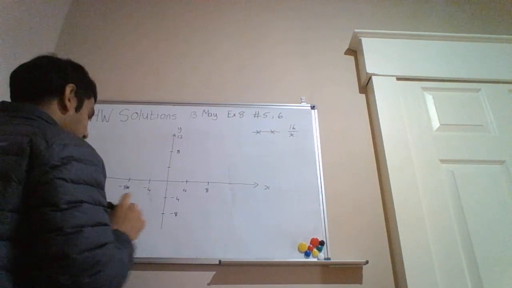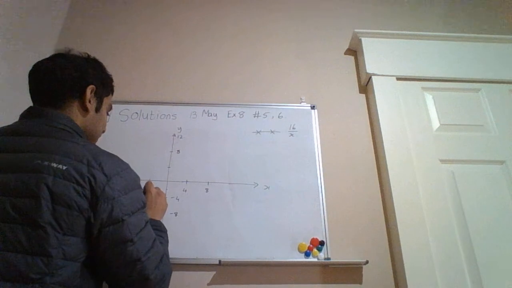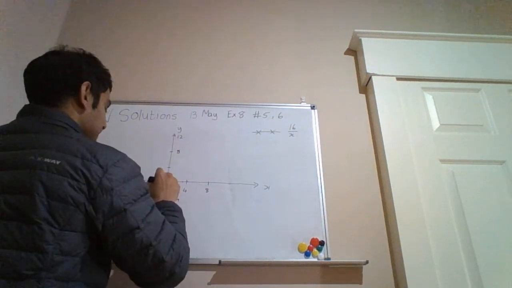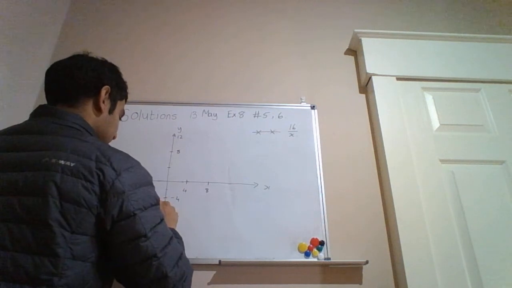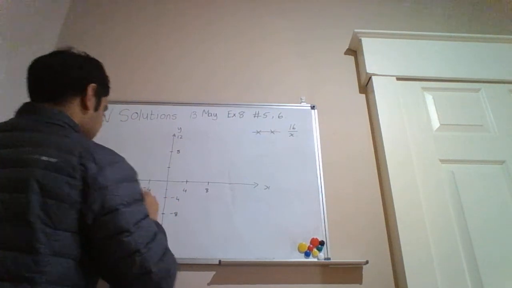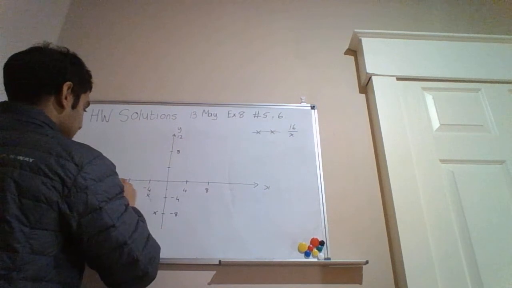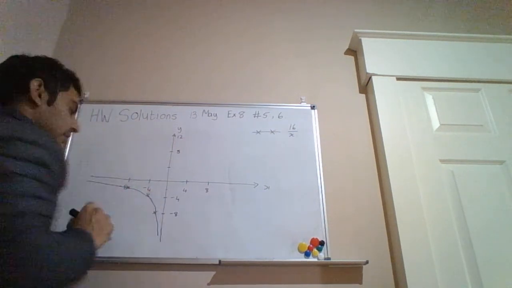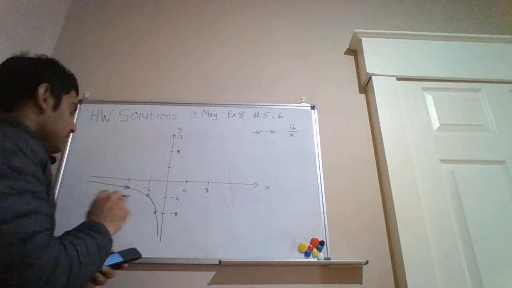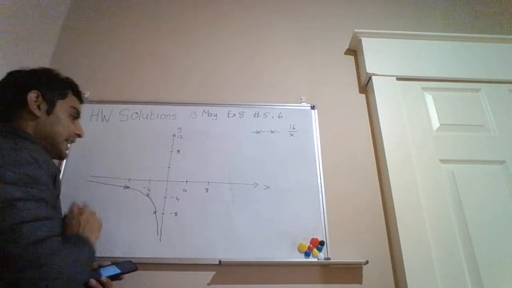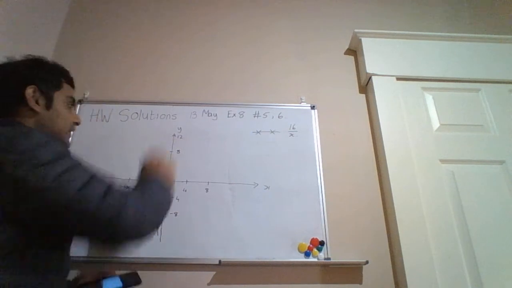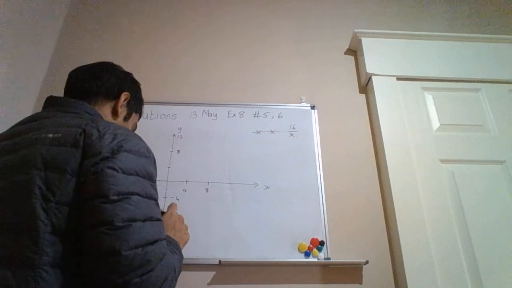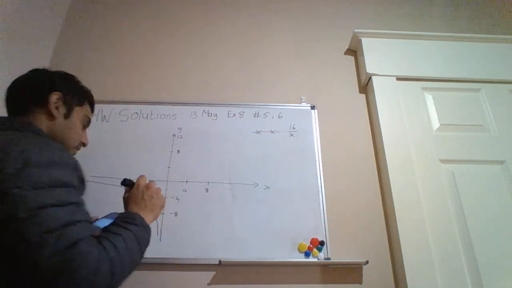Then we've got minus 4, somewhere there, and minus 2, minus 8, which sits here. Let's draw the first. This graph has a horizontal asymptote at the x-axis and a vertical asymptote at the y-axis. Let's continue for the positive points.